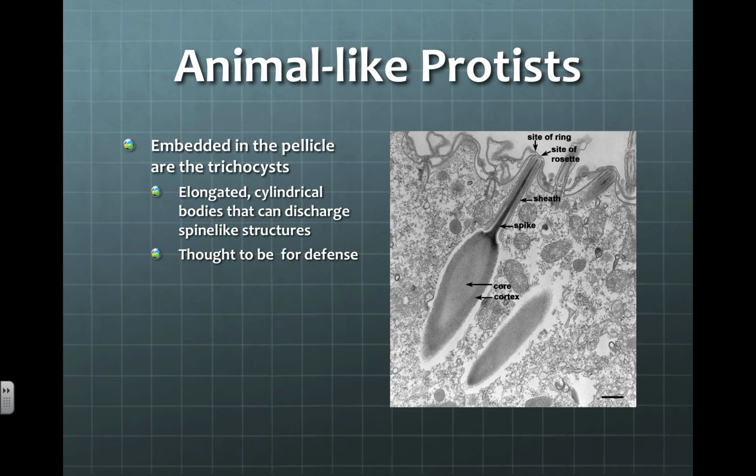Again, the pellicle is that tough layer on the outside of the cell membrane, and there is a long spike that comes out of the body of the trichocyst, and it comes through the pellicle. It's spine-like, and they're not really sure what their function is, but as much as it's been studied, they have surmised that it's defense.